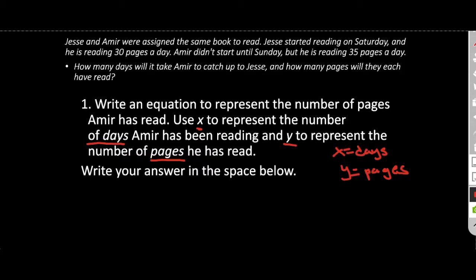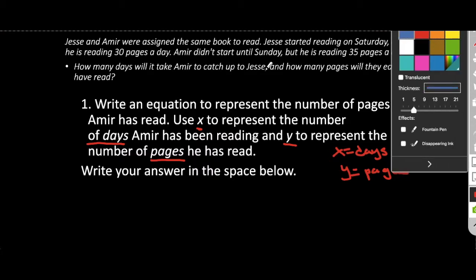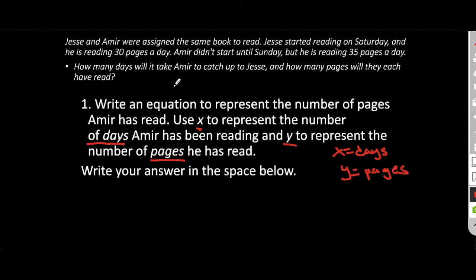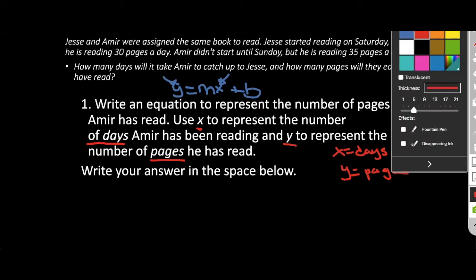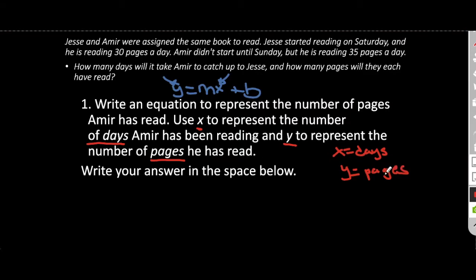So it says write an equation. Usually when we write an equation, it is in slope-intercept form, which is y is equal to mx plus b. Now, my y is going to stay the same, and then my x is going to stay the same. So I'm looking for the number to represent m. In this case, m is going to represent the amount of pages. So since m is the coefficient for x, it's going to represent the number of pages he has read.